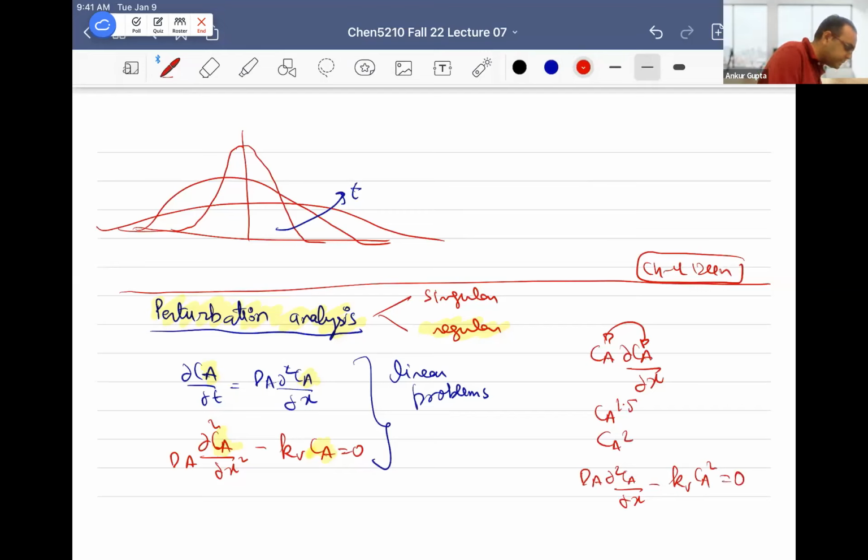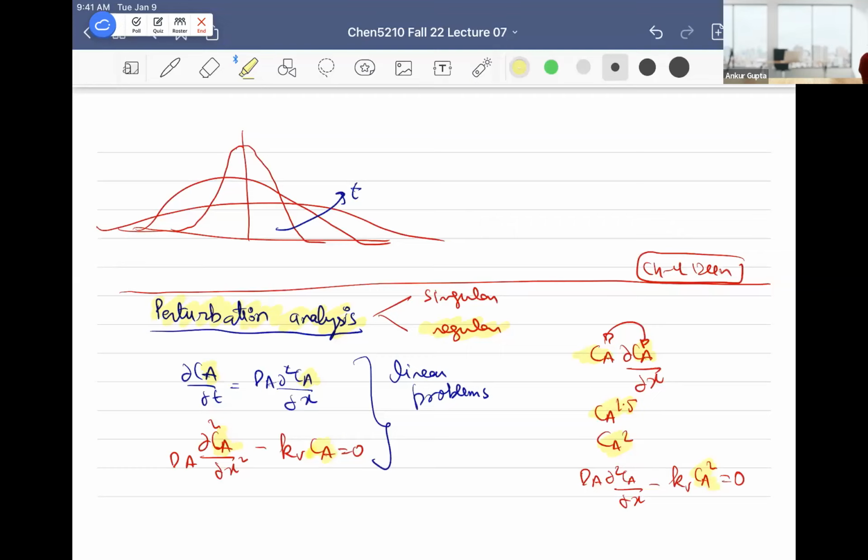Once the exponents become C_A multiplied with itself or a fraction, you get non-linear problems. Non-linear problems are notoriously hard, mathematically and numerically. Even today we can't solve every non-linear problem in the world, so you have to use simplifications to simplify the governing equations.